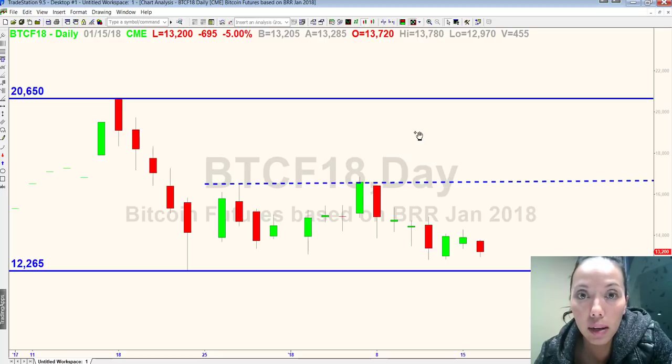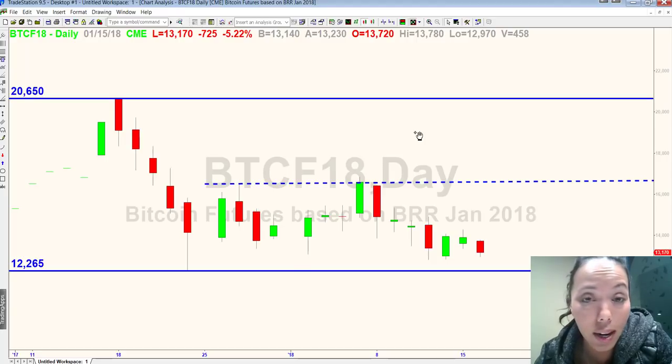And also keep in mind that the 20% hard limit rule is in effect. It can be in effect on the last trading day. They won't halt the trading, but they will only allow trading to occur within that range. They won't allow trading to occur outside of 20% to the upside or the downside of the prior day's settlement price. All right? So there's some protection from extreme volatility on that date.